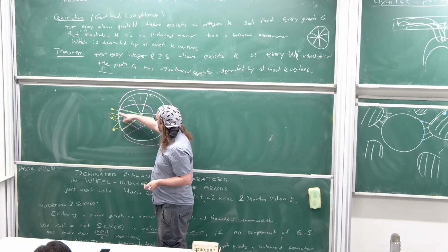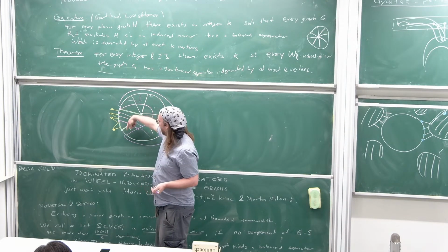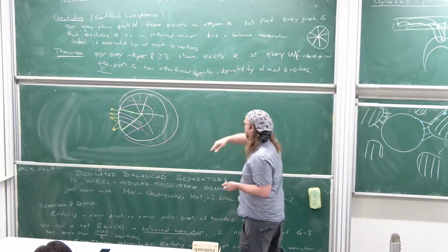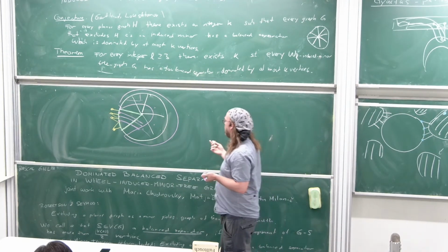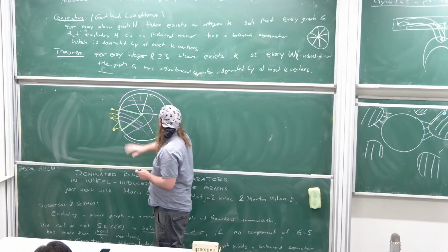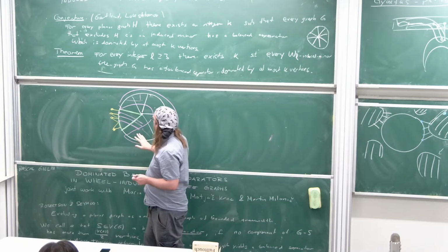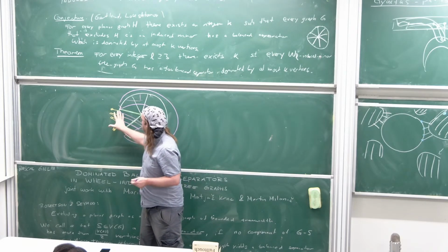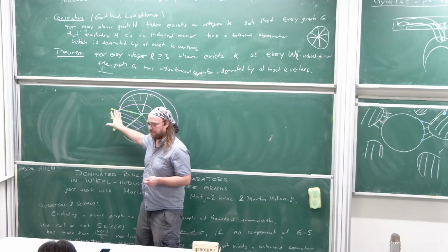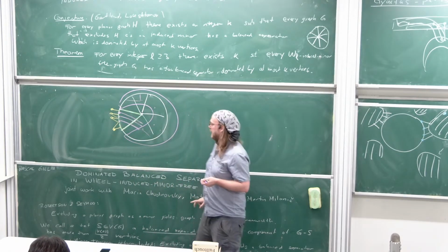So assuming now that deleting these at most L-1 vertices is not a balanced separator, we will find out that either this component here is big, or this component here itself, what was left over here, so the yellow stuff attaching to the green stuff, is big.